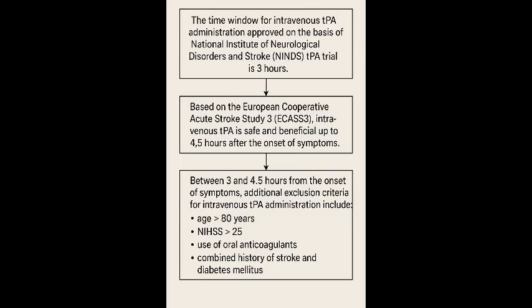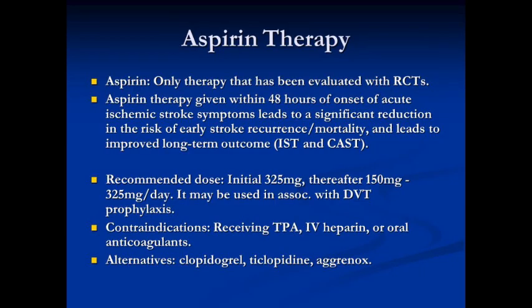But studies have actually shown that patients with very severe strokes still benefit from thrombolysis despite the higher risks, and this decision should be based on the time from onset, the imaging findings, basically the ASPECTS score and the sign of a large infarct, and the baseline functional status. Now, aspirin may be given if IV TPA is not administered. However, a CT scan is a priority to rule out an intracranial hemorrhage.